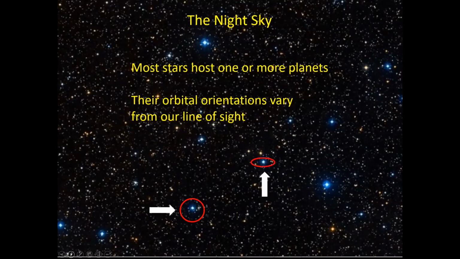Next. Some are a little bit more elliptical. Next. And some go across the star in our line of sight. This is the population of exoplanets that we're concerned with here, because these are the ones that we can detect indirectly passing in front of the light of the star.